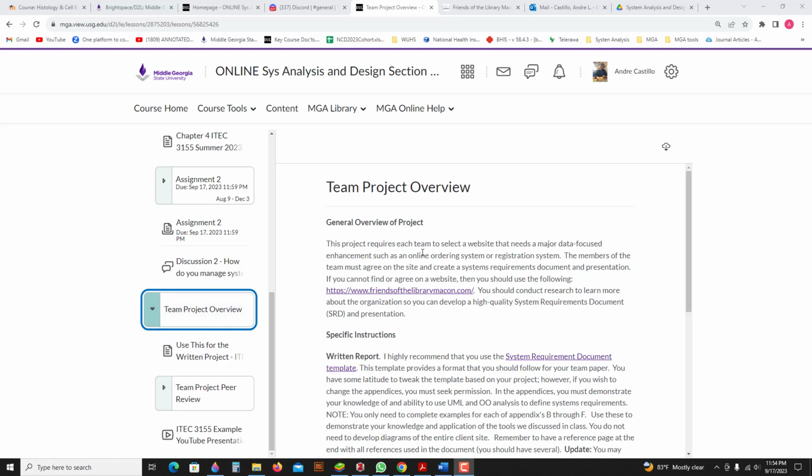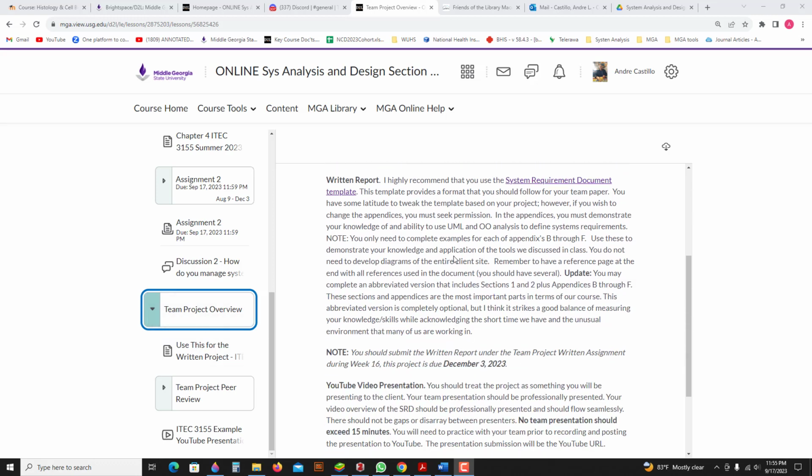All right, here, this is the section that she gives us, the requirements for a final project. We could pretty much pick any website we want that we think needs some help. But she does recommend one here, which I think is probably the easiest to do.